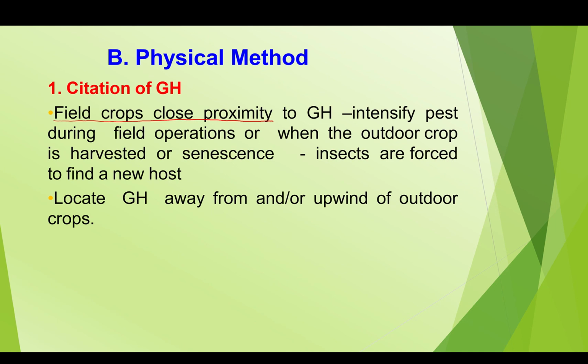Insects intensify their pace during field operations or when the outdoor crop is harvested or senescent. The insects are forced to find a new host, and they will find it inside the greenhouse. So that's why it's suggested that nearby the greenhouse we should not plant anything.